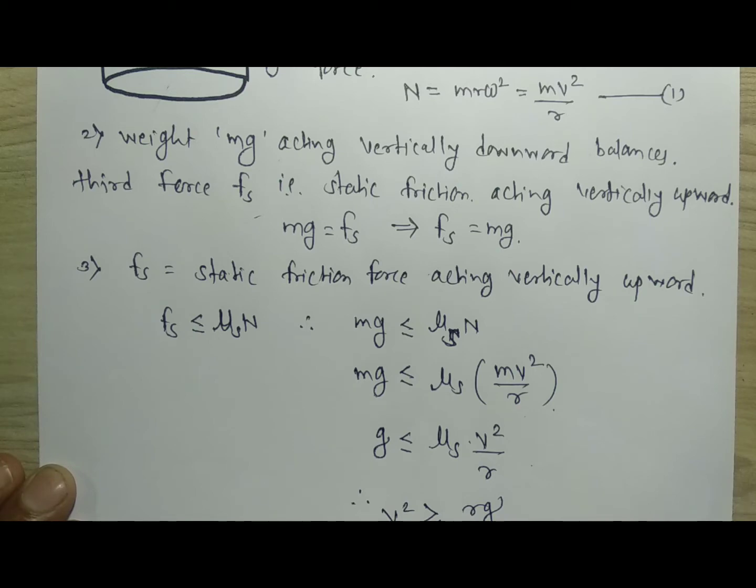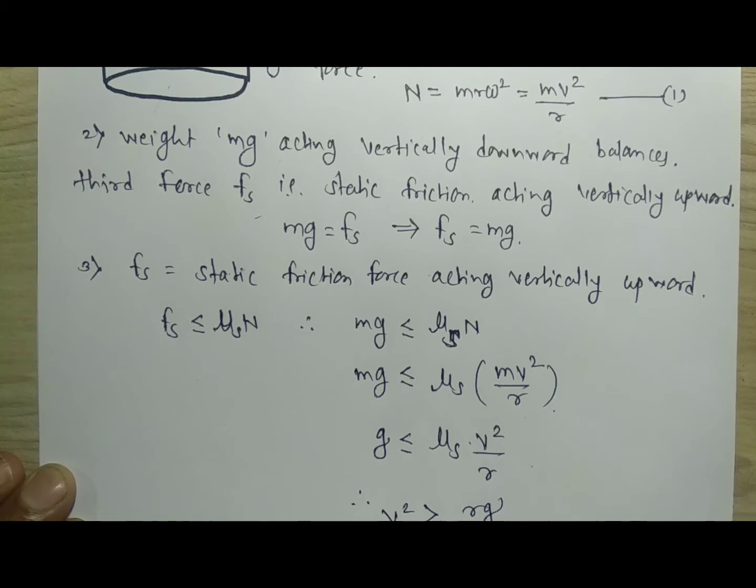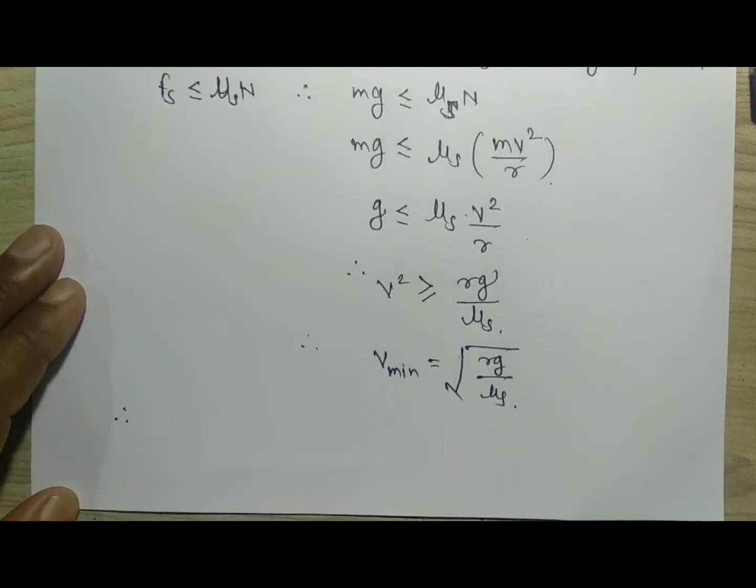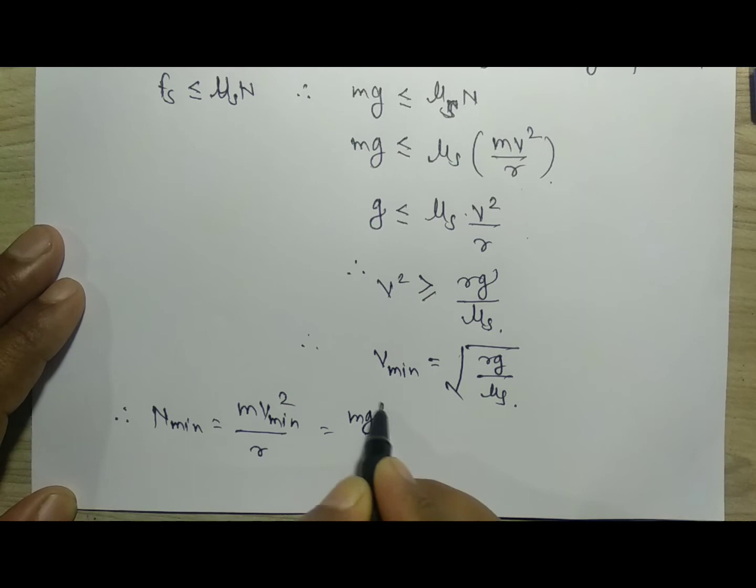The minimum velocity on the wall of death is the square root of r g divided by mu s. Therefore N minimum is equal to m v minimum square divided by r, which is mg divided by mu s.